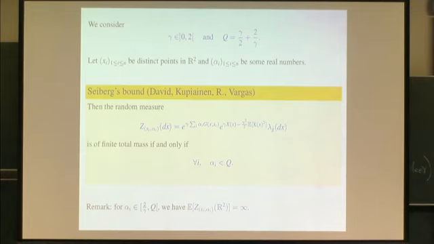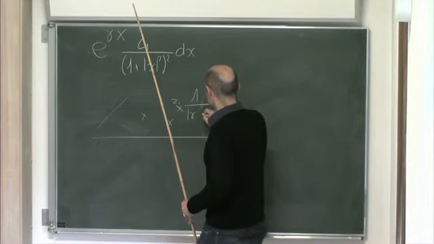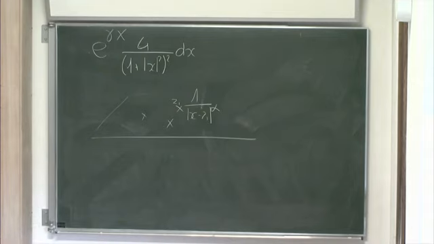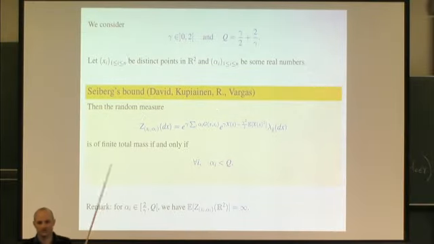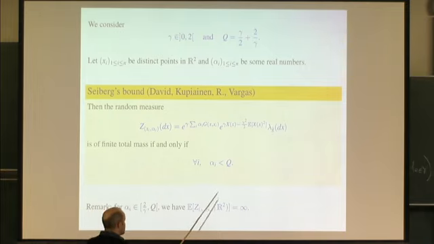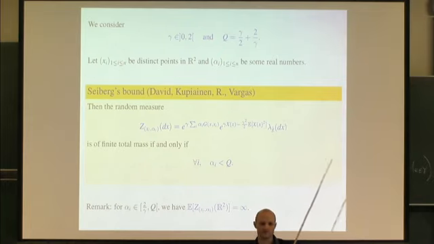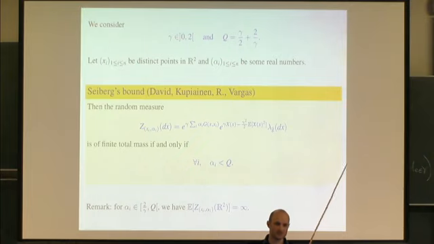Here you have some points z_i, and you put some power singularity in your plane, and the question is, how much can this chaos measure integrate these power singularities? Or you can ask the same question for the Lebesgue measure. And the thing is that this chaos measure, if you fix a deterministic point, has much more regularity than the Lebesgue measure.